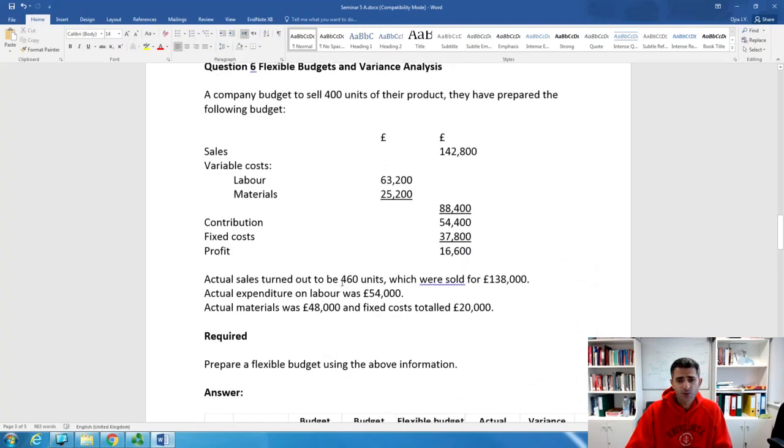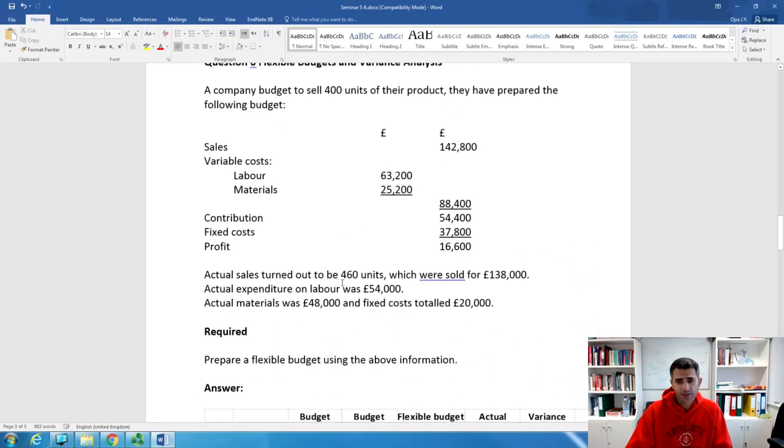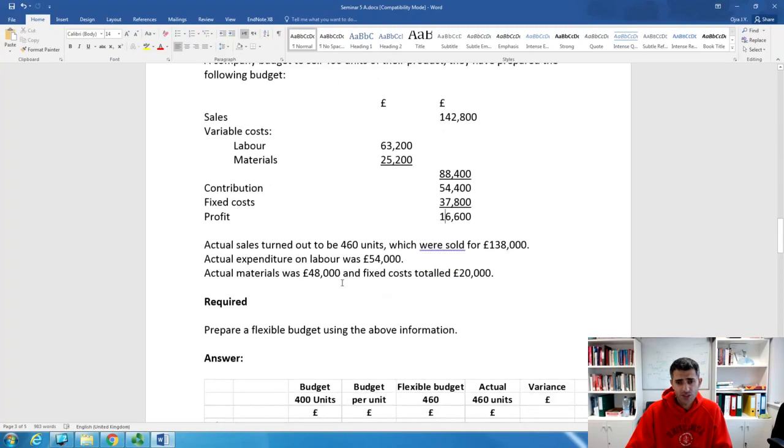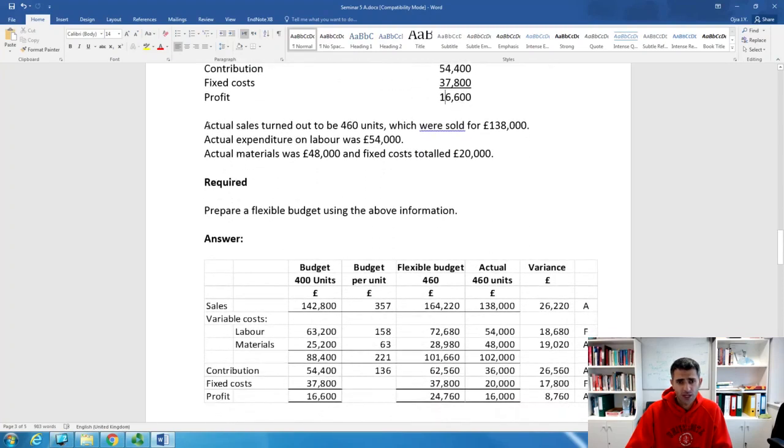Now when it comes to the actual results, okay, we produced 460 units as you see here, that's the actual results, and we have total sales of 138,000.